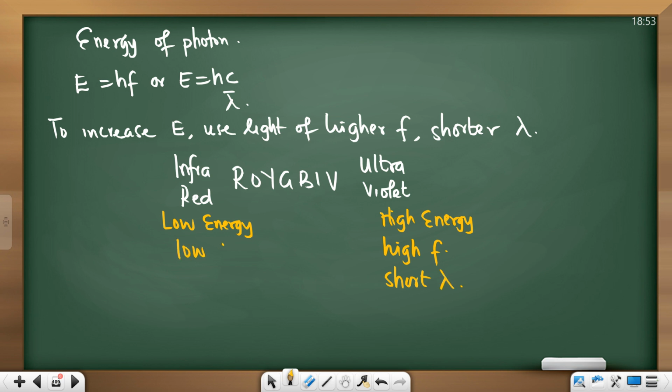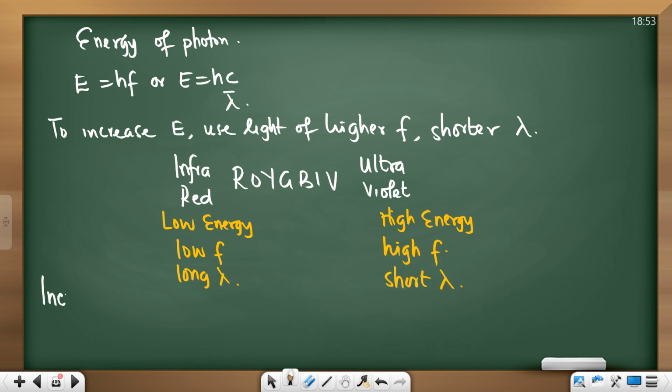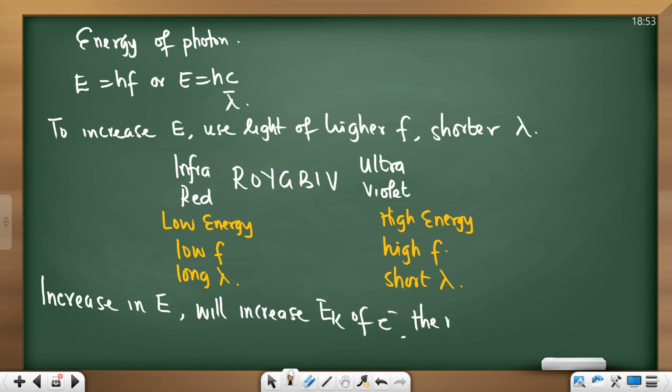Here we have low frequency and a long wavelength. So you need to know how your energy increases. But what is the effect? An increase in energy of the photon, once I say E, you should know what it means, will increase the kinetic energy of the electrons. But the number of electrons remains the same.